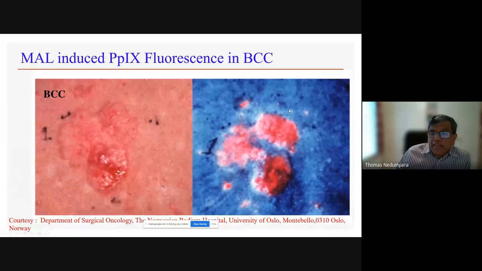The advantage is you can see the extent of the lesion, how far it is going into the skin. The laser itself kills the cancer cells, and also once you know how much cancer cells are there, you can use a carbon dioxide laser to excise the lesion with a margin of normal tissue.